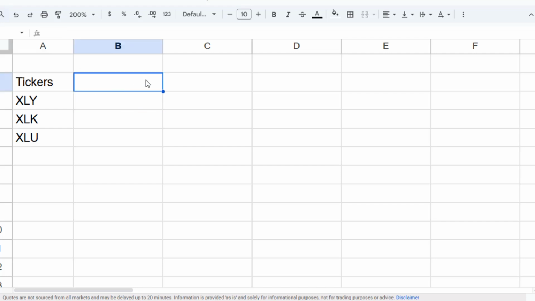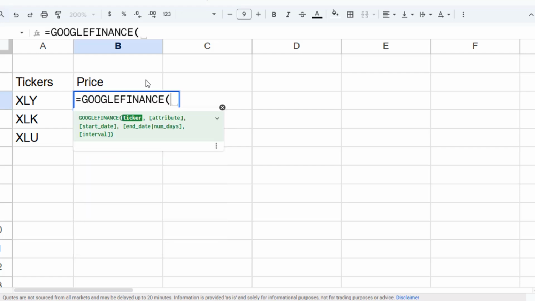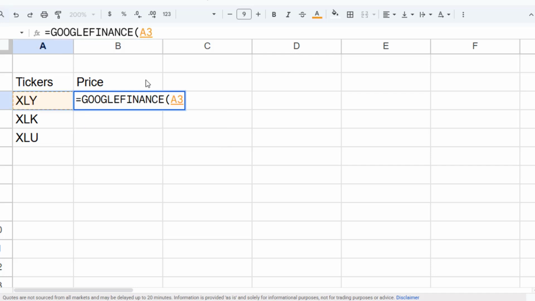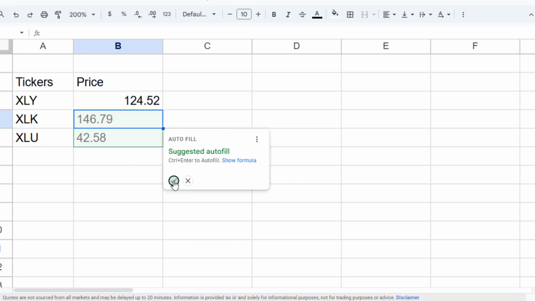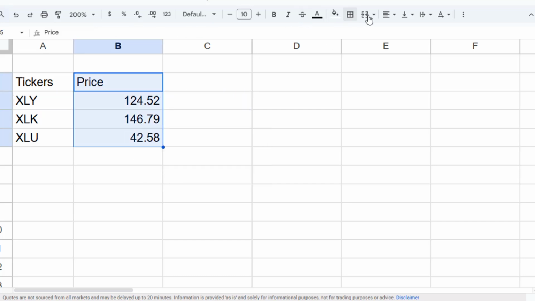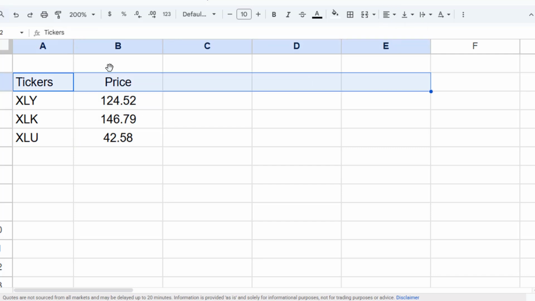And the first thing is we want the price of today or the last session. We get that with GOOGLEFINANCE, selecting the ticker, and typing in price. So we have the price, or the last known price of the ticker.